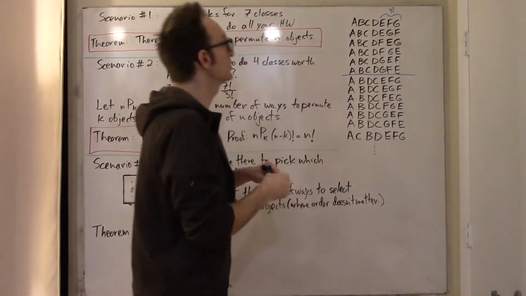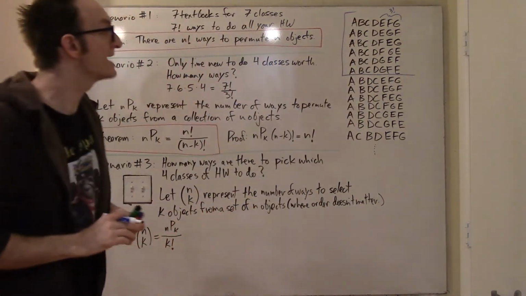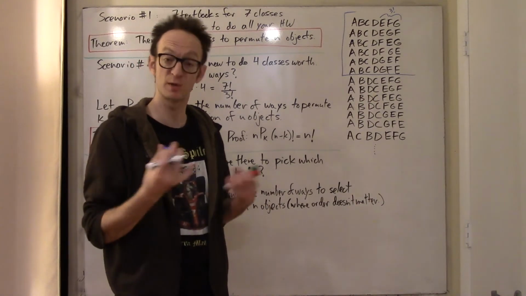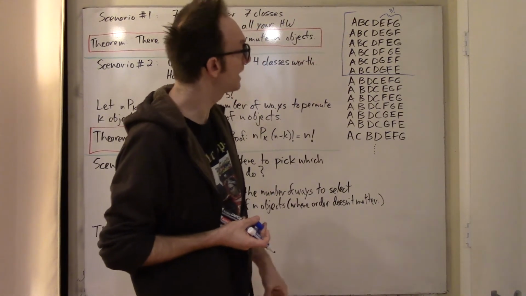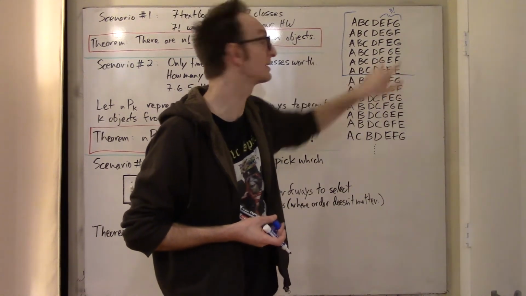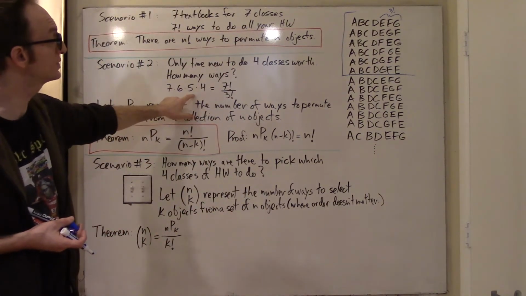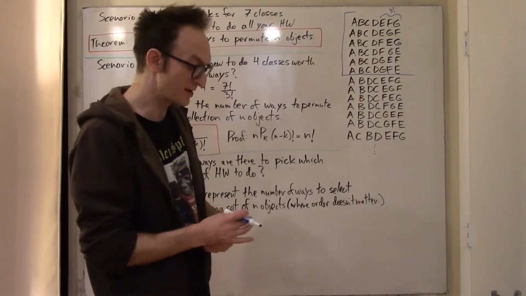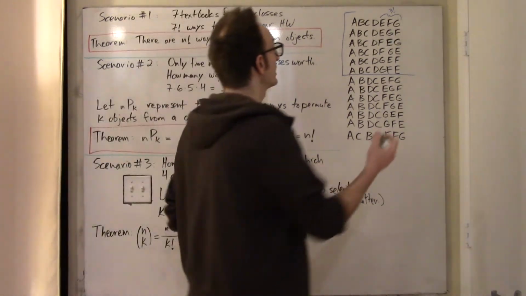In other words, you can think of this original list, the list corresponding to scenario 1, as being naturally grouped into sections of length 3 factorial, which equals 6. And what do these 6 strings all have in common? They all start with A, B, C, D, but they differ in the order of the last 3 classes. But in scenario 2, in which we're not actually doing the homework in the final 3 classes, what happens after we do our 4th homework is irrelevant.